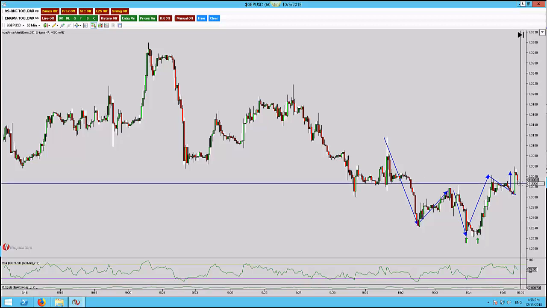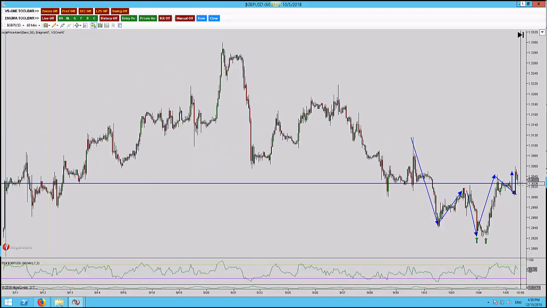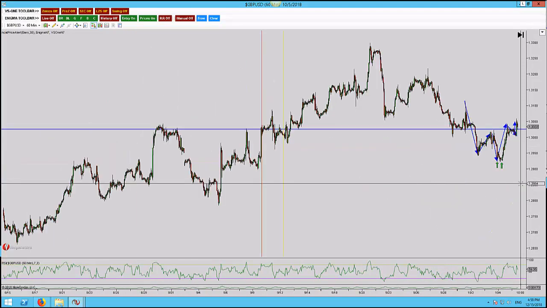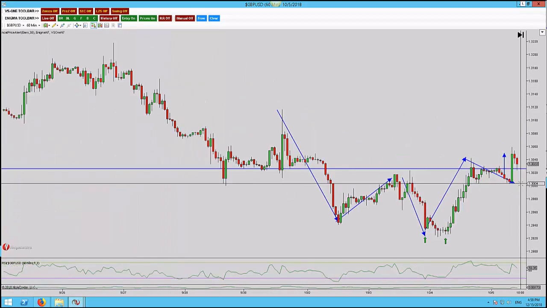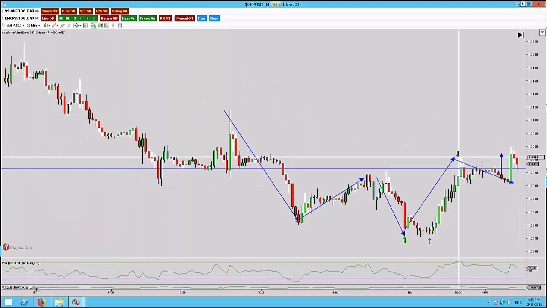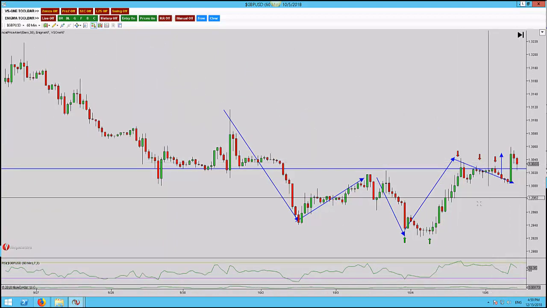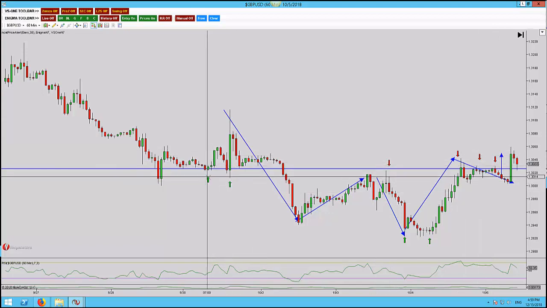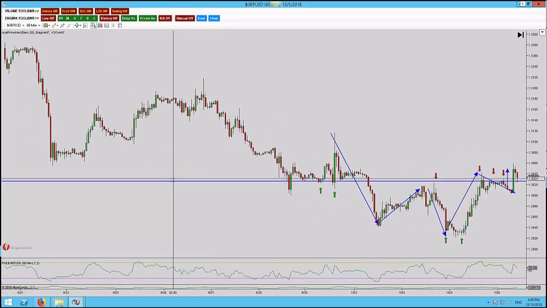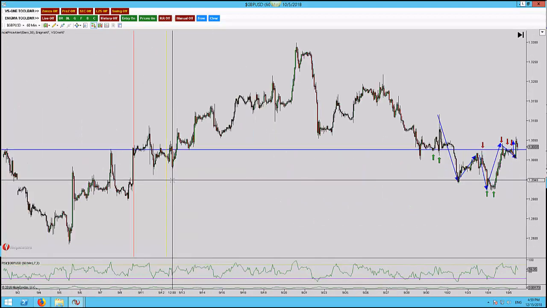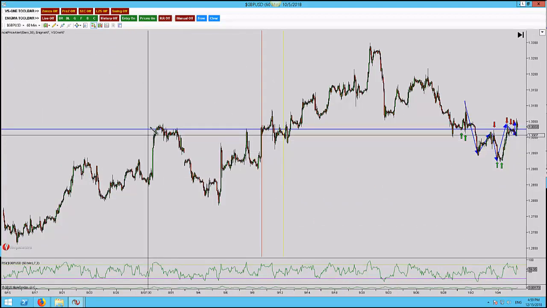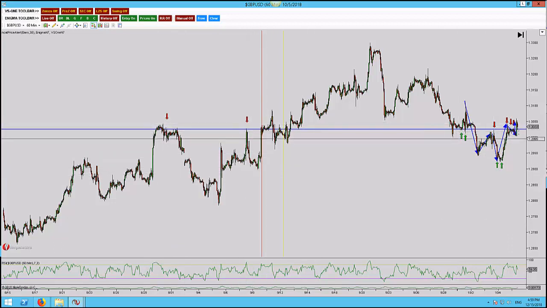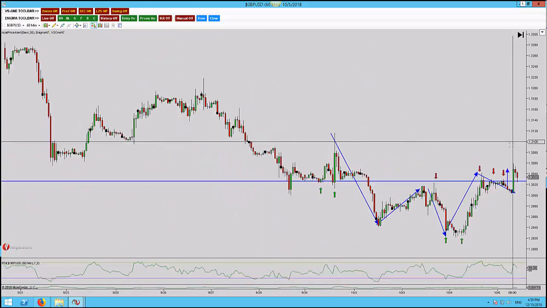Okay, I think we have an entry. Okay, so this is what I'm looking at here. We've got structure that's been tested 3 times, 4 times, 5, 6. If we look left, we've got 7, 8. So we're coming back into the wicks.